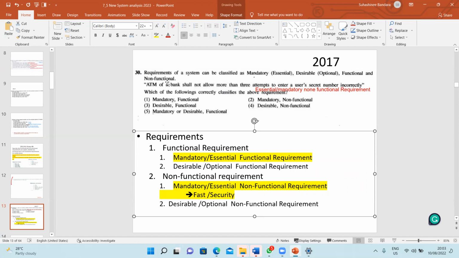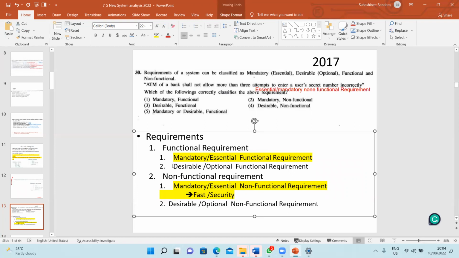By looking this sentence, we can make a small note. Requirement of a system can be classified mandatory, that means other name essential, or optional, that means desirable. Functional requirement or non-functional requirement. That means it makes 4 points. Functional requirement, there can be mandatory or essential functional requirement.